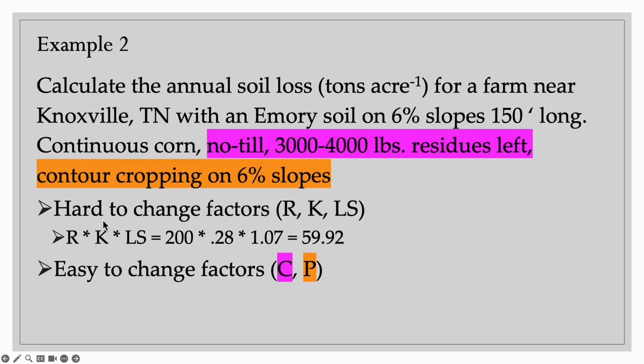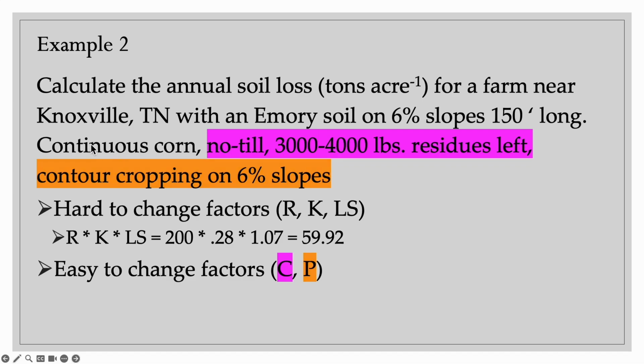So we know that we can't change the R. We can't change the rainfall. We can't change the K, and we can't change the length and the slope. But the things that we can change are the conservation practices, the management and the erosion control practices.